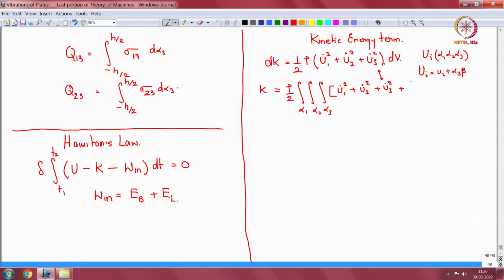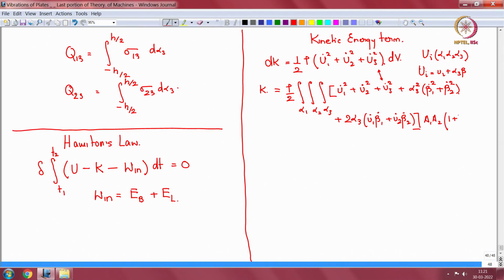Now the alpha 3 square times beta 1 dot square plus beta 2 dot square, and the cross terms plus twice alpha 3 times u1 dot beta 1 dot plus u2 dot beta 2 dot, and the length elements A1, A2.